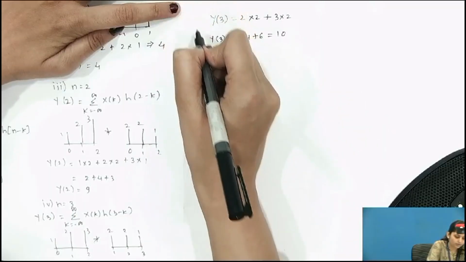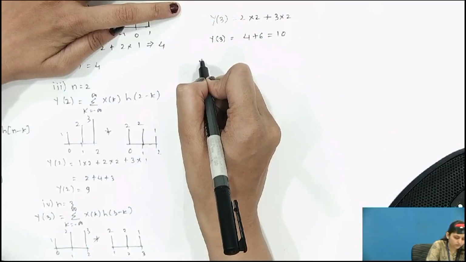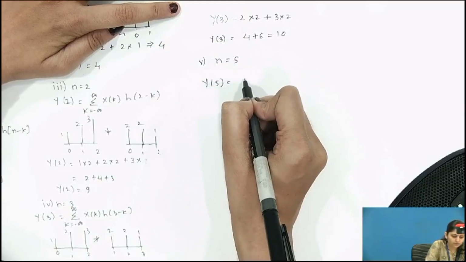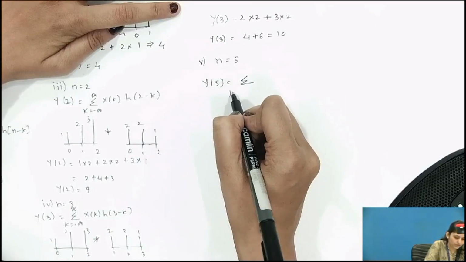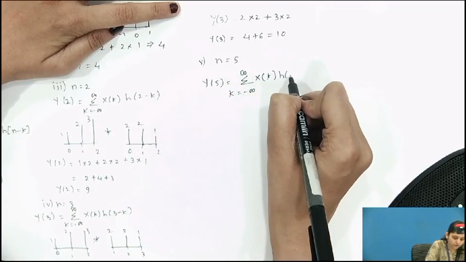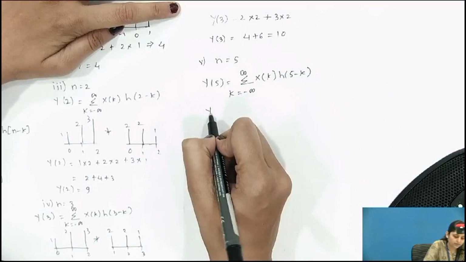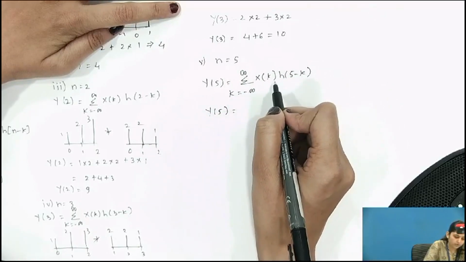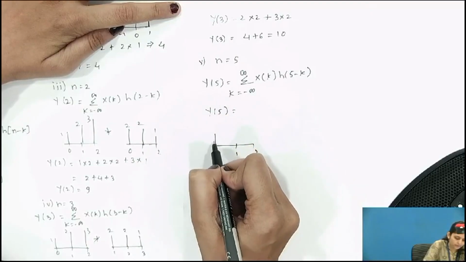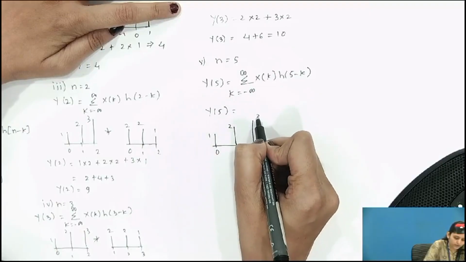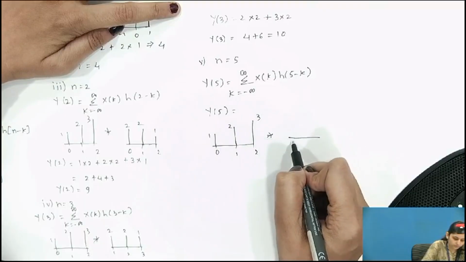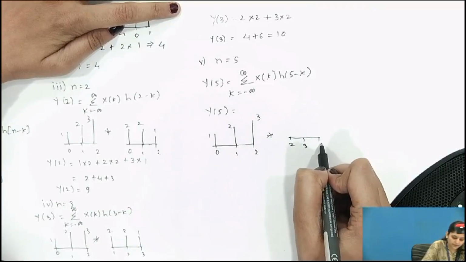Now we have to calculate our next and last value, the fourth condition, when n equal to 5. So y of 5 is equal to the summation of k equal to minus infinity to plus infinity x of k h of 5 minus k. x of k is as it is: 0, 1, 2, amplitude 1, 2 and 3, and for h of 5 minus k, our signal now starts from 2, so 2, 3 and 4.